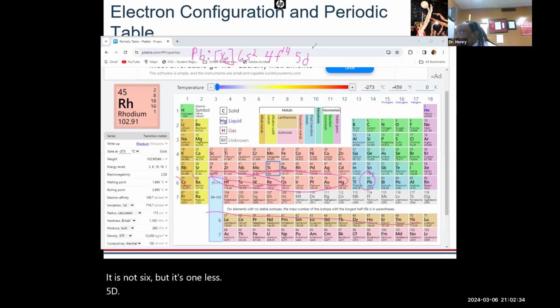How many can the D hold? 10. So that takes care of all of those at 5D. And then is it 6P2? 6P2. That's right. Okay, that's it.